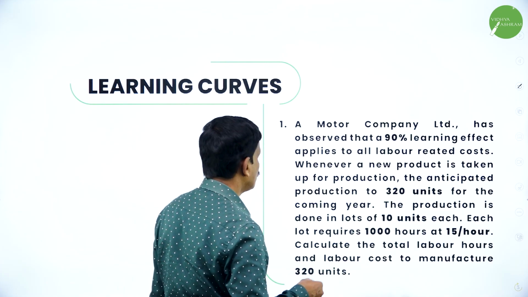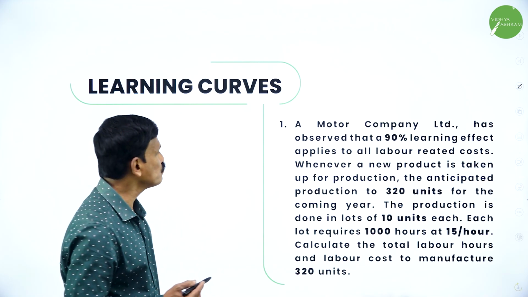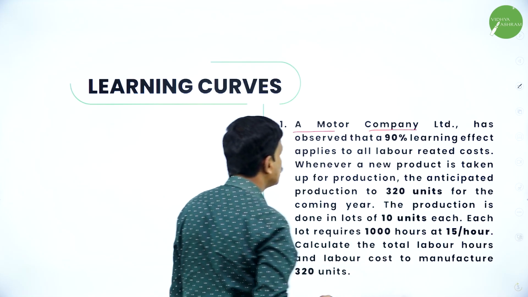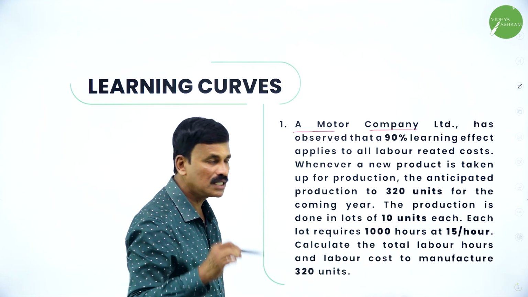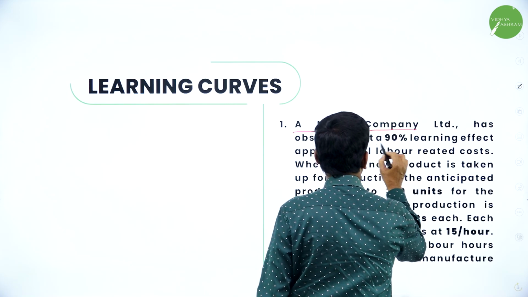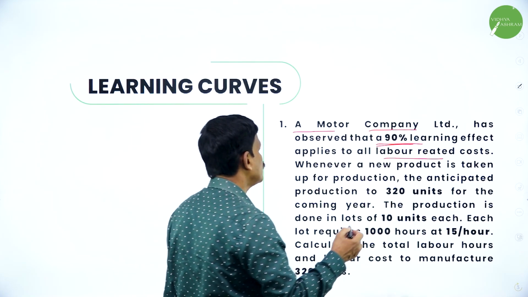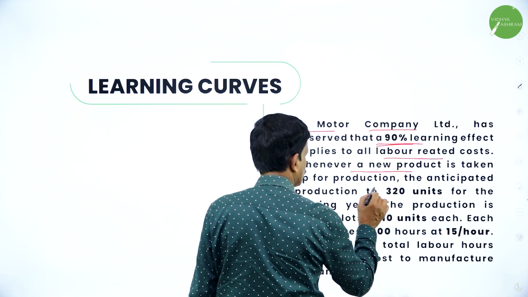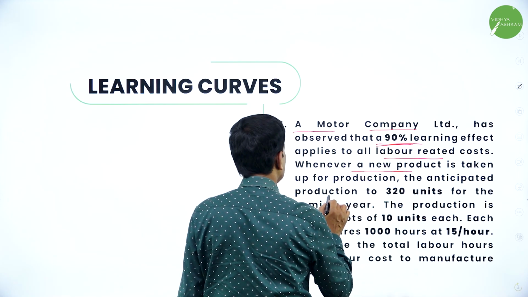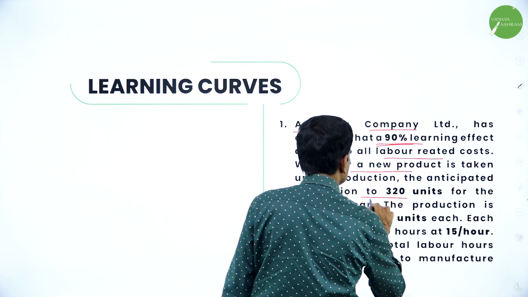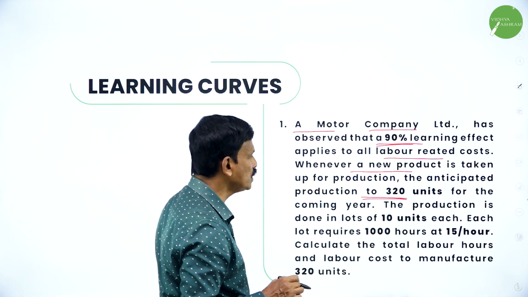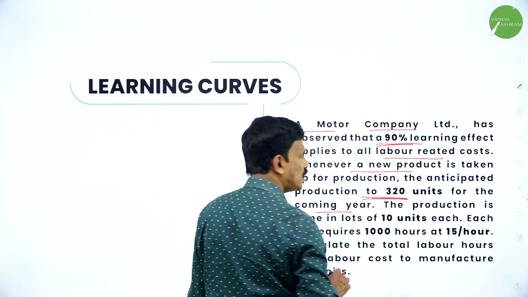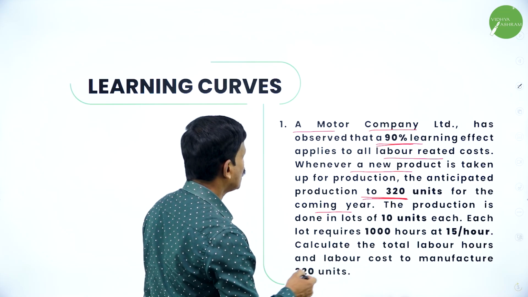So what is the problem given? Just go through the statement carefully. A motor company limited has observed a 90% learning effect. Whenever a new product is taken up for production, the anticipated production is 320 units for the coming year.